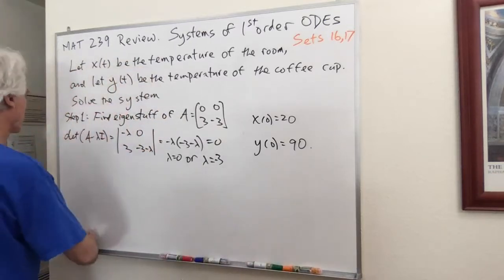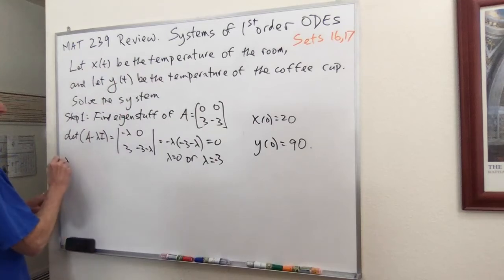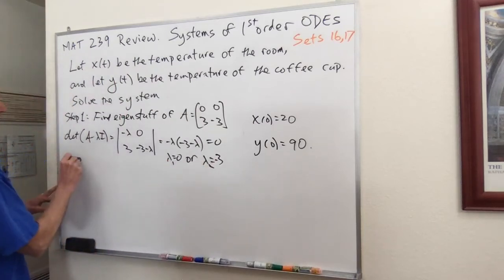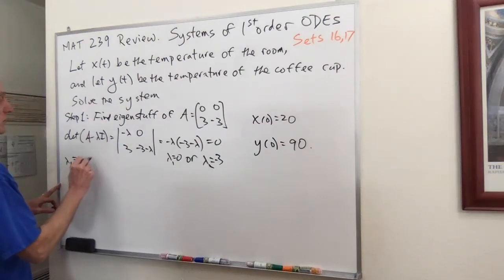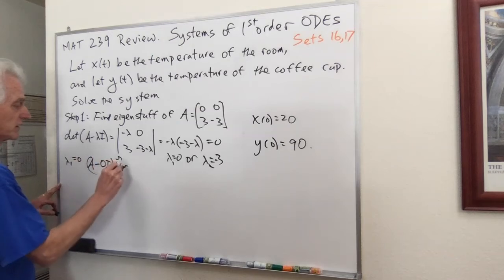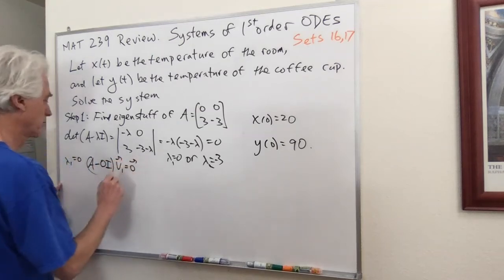So what are the eigenvalues, eigenvectors? We'll call that lambda 1, and that lambda 2. Lambda 1 is 0. So A minus 0I times v1 equals the 0 vector.